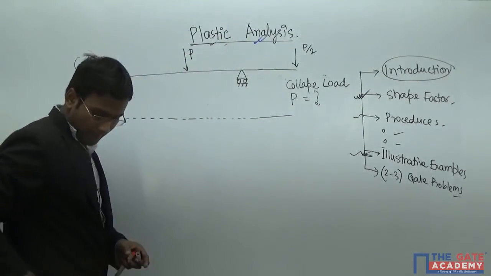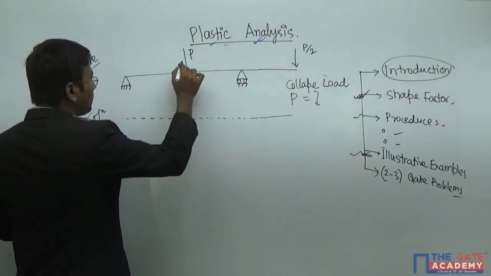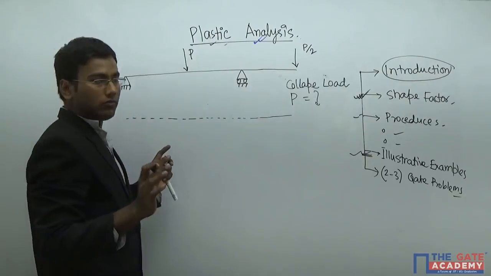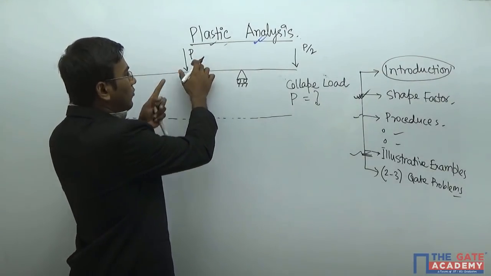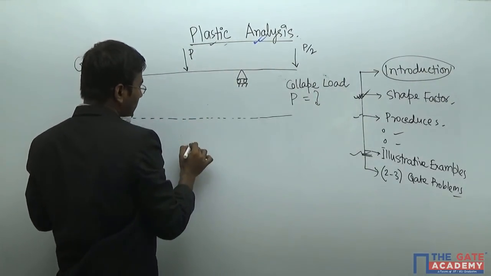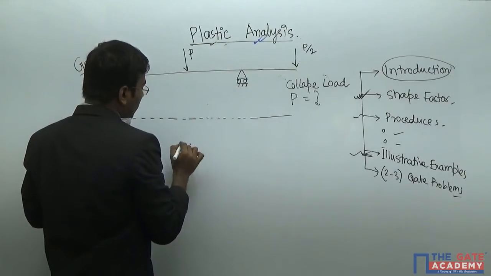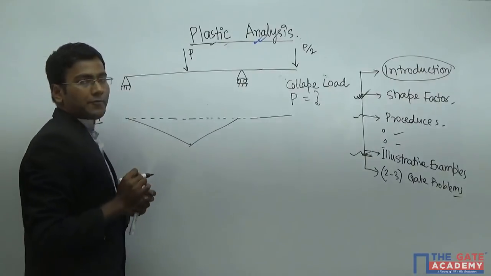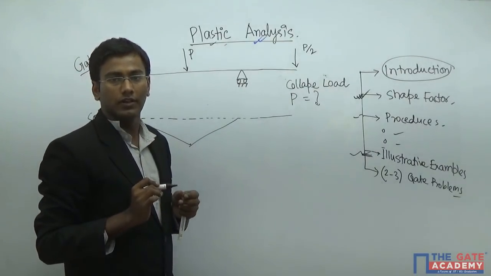Now, the point load in the middle has a higher value than the other load. So it will try to deflect in the downward direction like this. Up to now, there is no doubt, right?